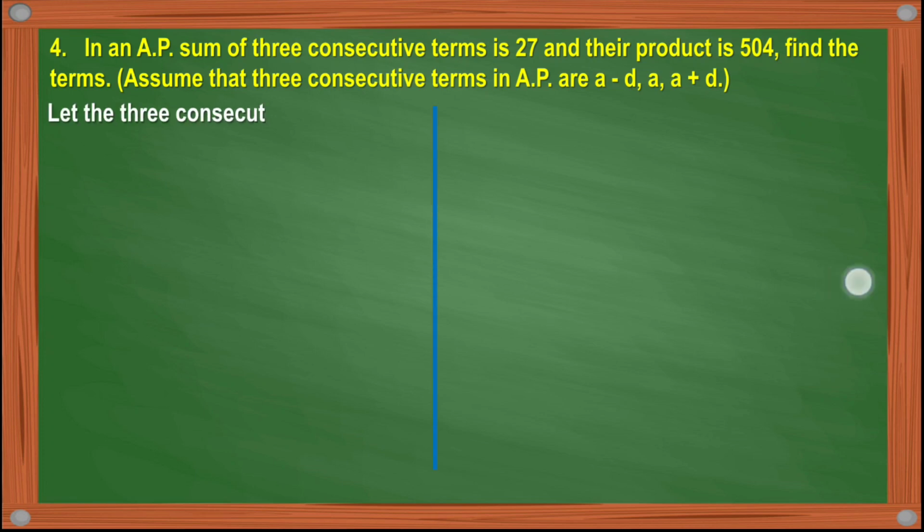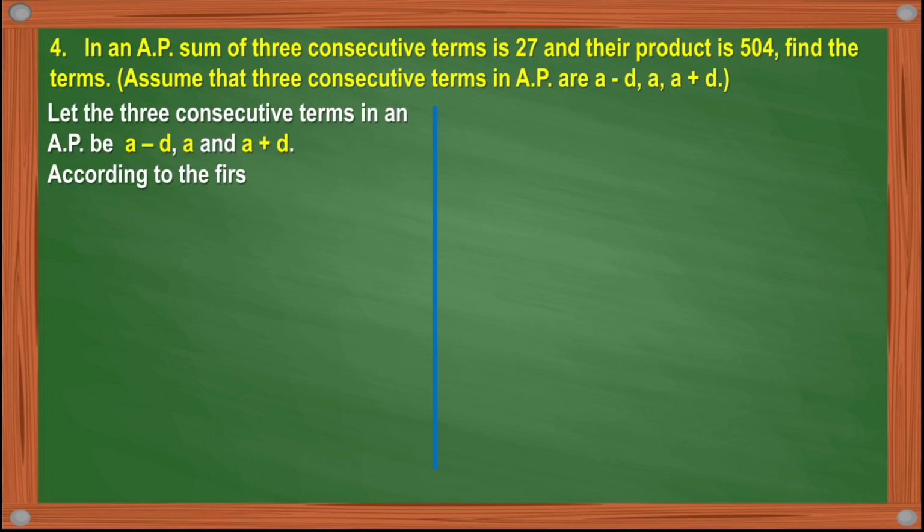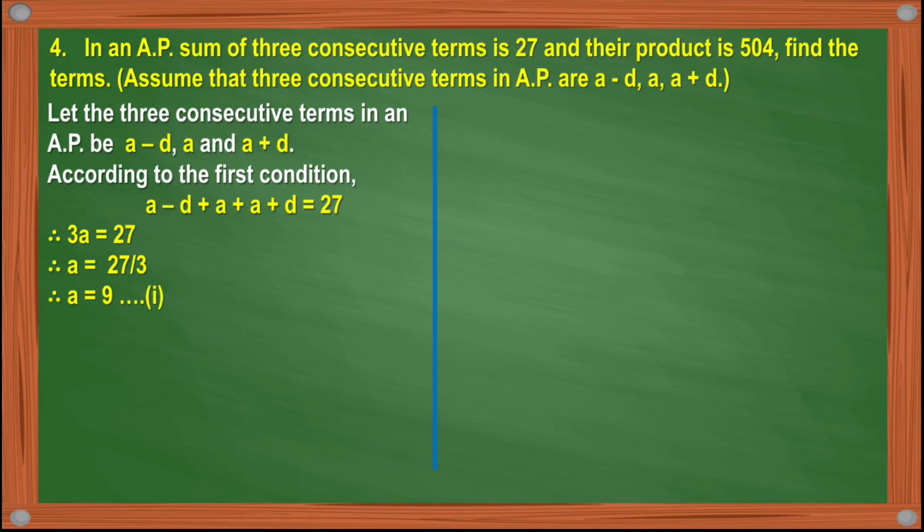Let the three consecutive terms be as given. First condition: the sum of all the terms is 27, D will get cancelled, therefore 3A equals 27, therefore A equals 9. Now we are going to use the second condition to find the value of D.